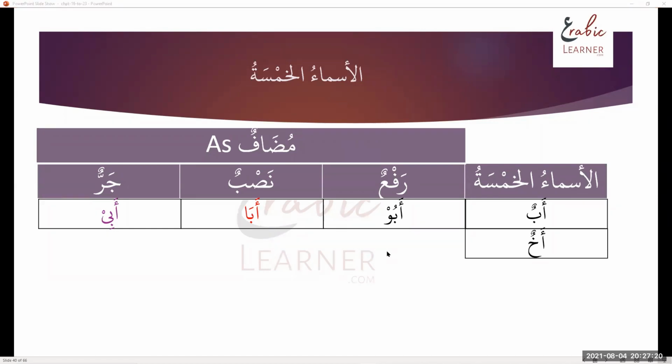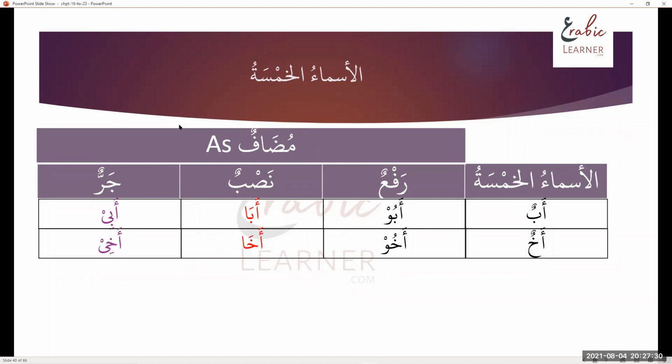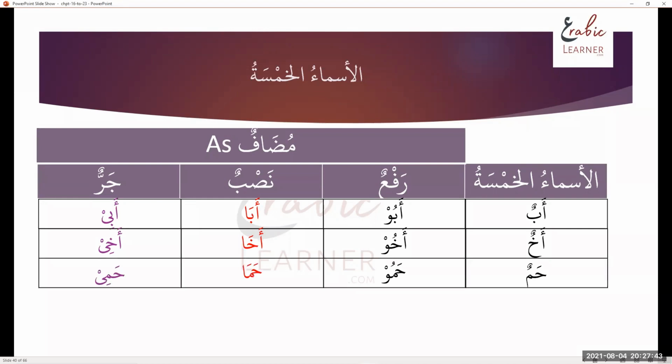Guess. Akhu, and then nasab, yes, and jar, akhi. Okay. Akhu, akha, akhi. Good. Hamun: hamu, hama, hami.